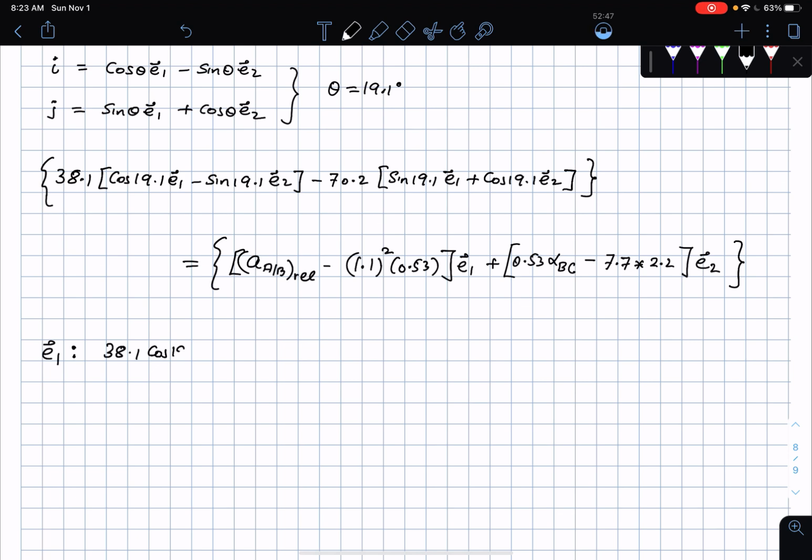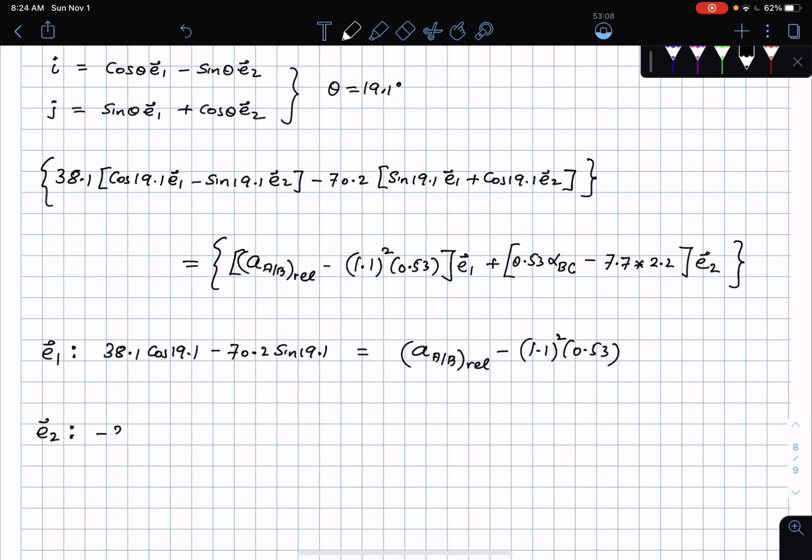38.1 cosine 19.1. Okay, then minus 70.2 sine 19.1. This is on the left hand side. On the right hand side, this is a slash b relative 1.1 square times 0.53. Look at the E2 terms.